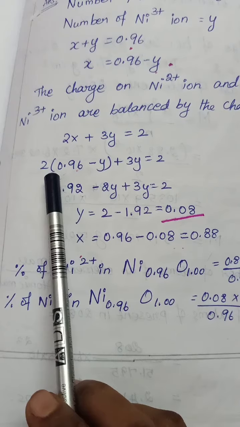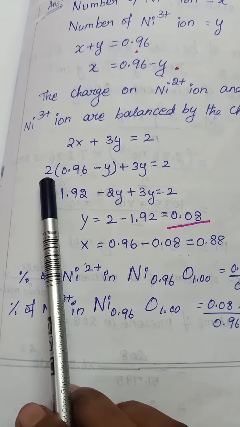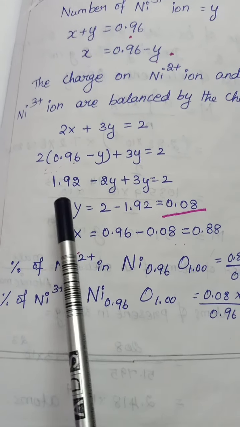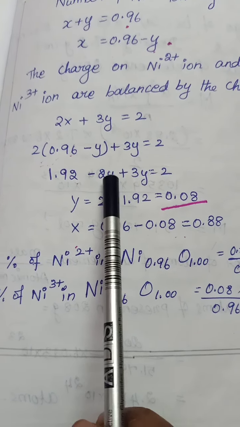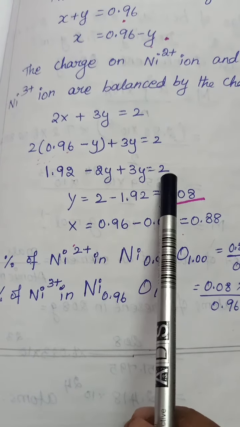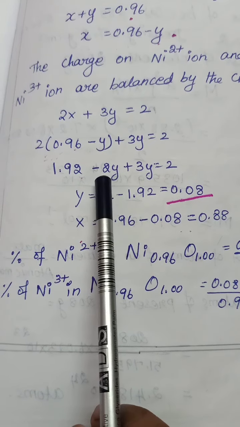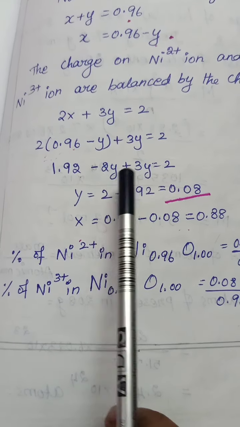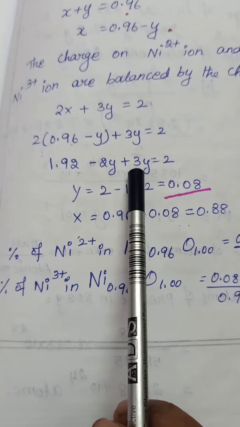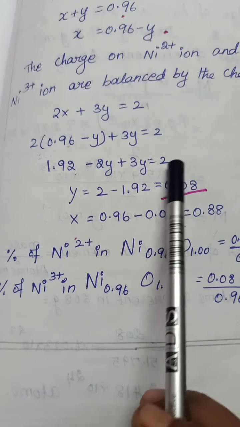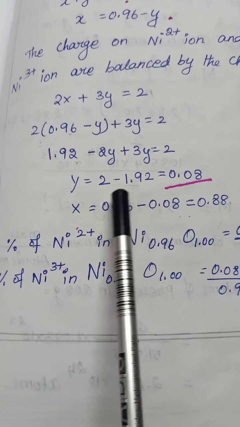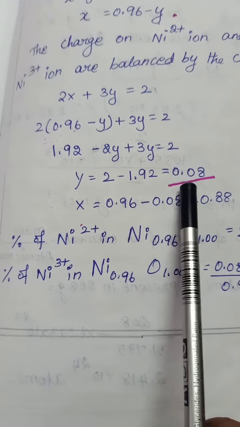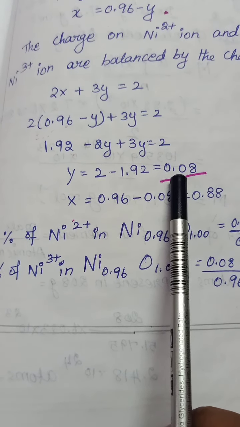Then 2 into 0.96 is 1.92, 2 into minus y is minus 2y, plus 3y is equal to 2. So 3y minus 2y gives y only. So y is equal to 2 minus 1.92, then you get 0.08.